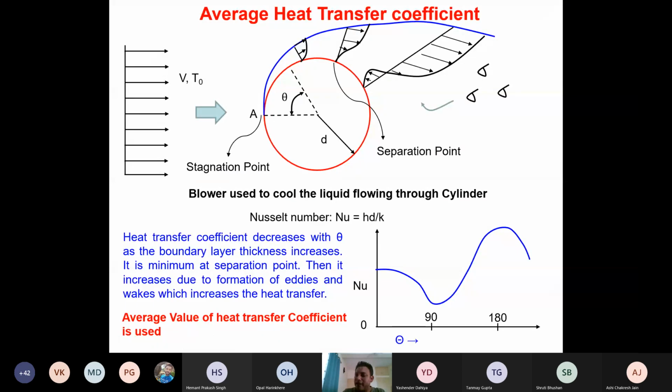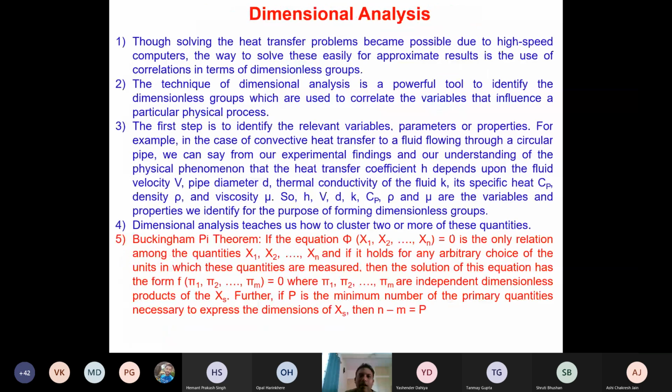Okay, as I already said, in such cases the heat transfer coefficient is calculated in terms of some correlations, isn't it? And at that time I said that this correlation should have some physical concept behind it. It should not be arbitrary.